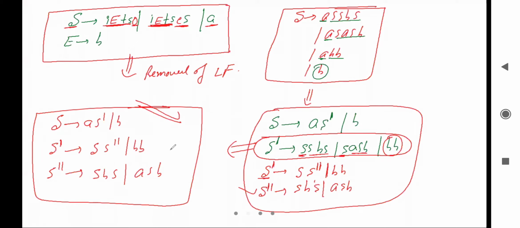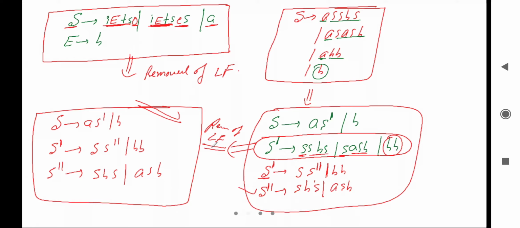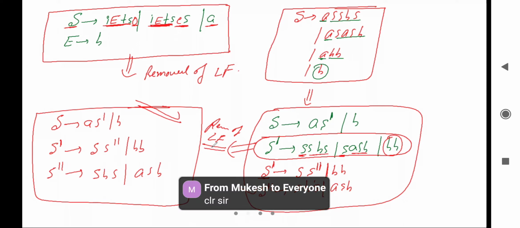Finally, this is the removal of the left factoring. Okay, so is it clear to all? So here left factoring is over. Okay, left factoring is over and now next we will start the parser.